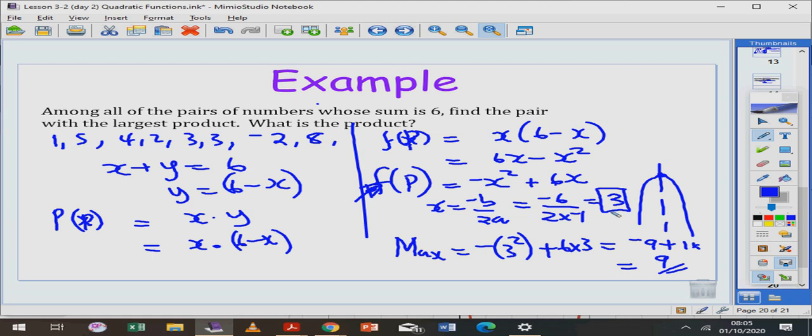It doesn't give you the other number which makes that product maximum. But if I substitute it into this initial equation of the sum, then that gives me the other value, y, that makes the product maximum. So here y will be 3. So the pair of numbers that add to 6 and have the highest product is 3 and 3, which gives 9.